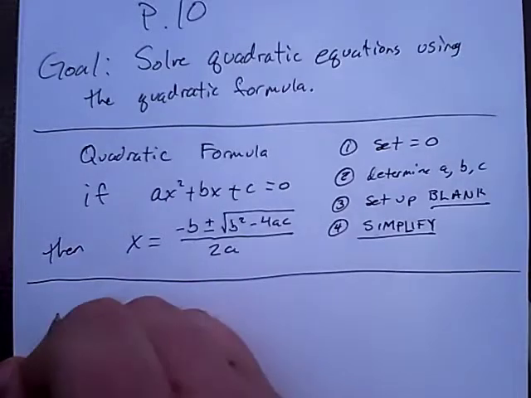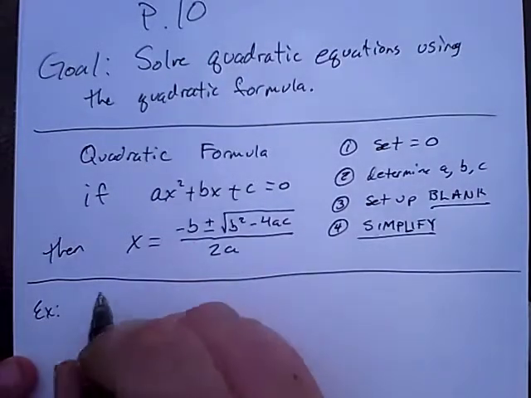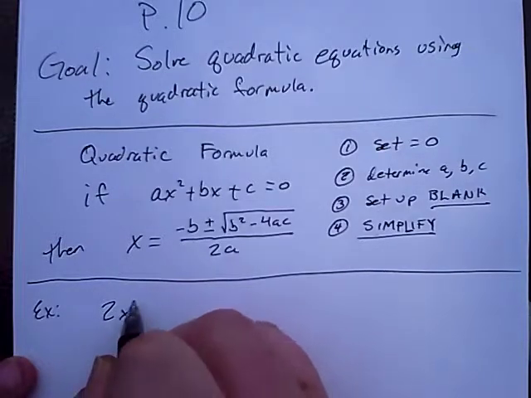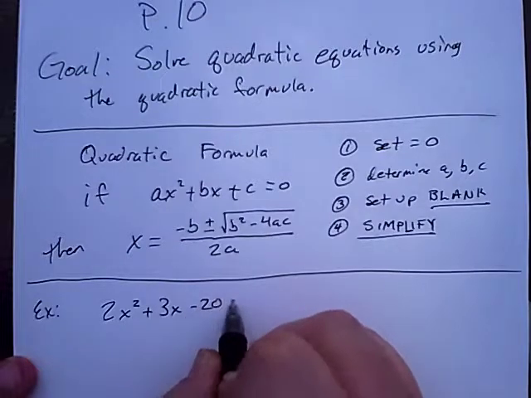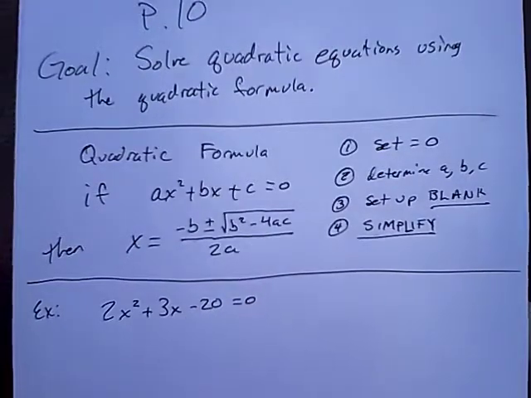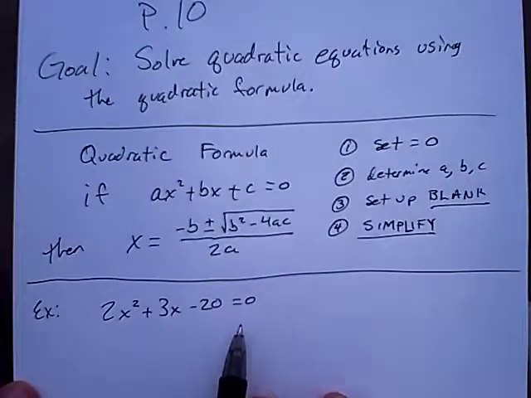So let's try this with an example. The first example is 2x squared plus 3x minus 20 equals 0. Now, everything's already set equal to 0, so I'm good there.